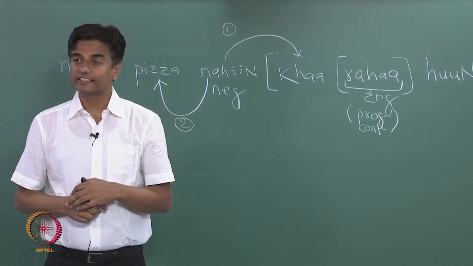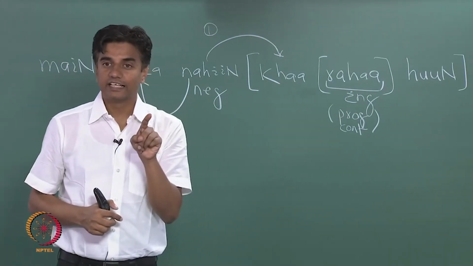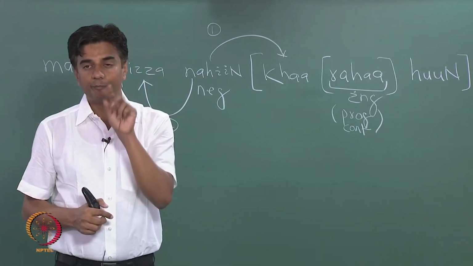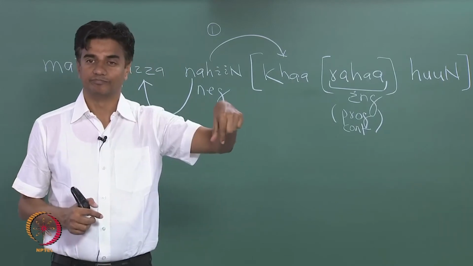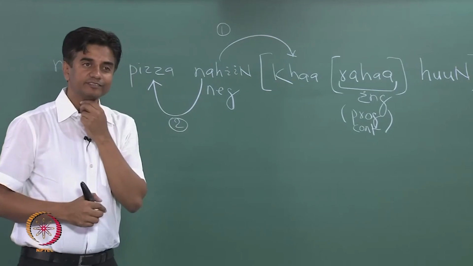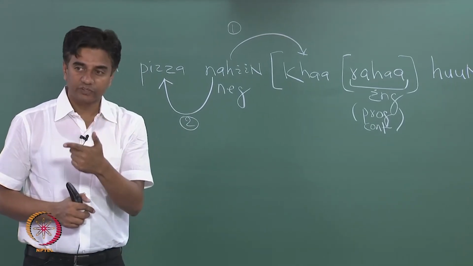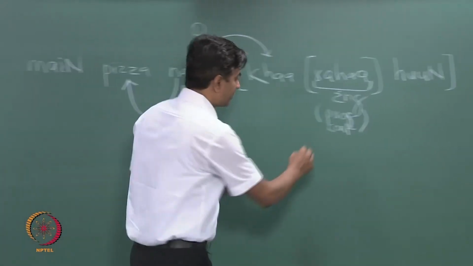In other cases, aspect markers in Hindi become a marker on the verb, right? How do I say, I eat pizza? Khata hu, right? Here is what I mean.